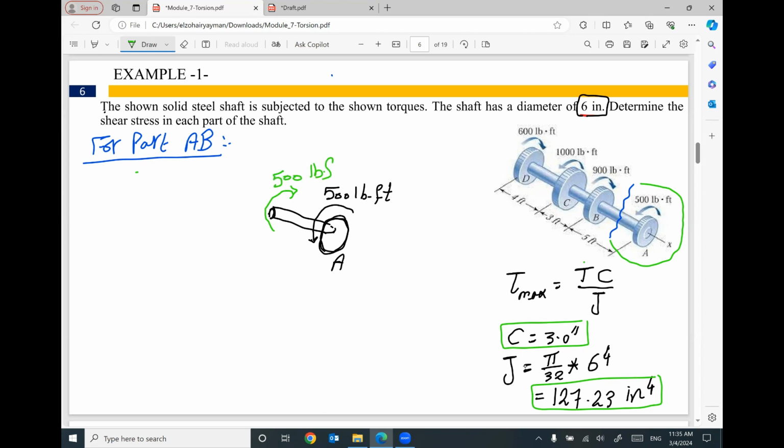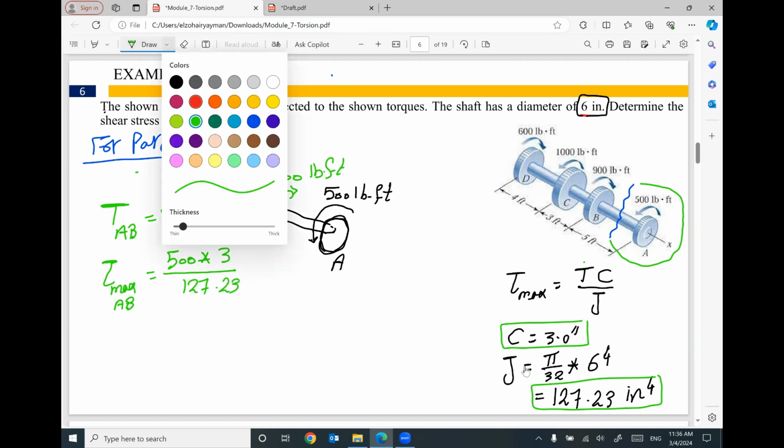500 pound-foot. That means the applied torque in part AB will equal 500 pound-foot. Actually, I don't care what is the direction, clockwise or counterclockwise. It's not a big deal for shear stress. So the maximum shear stress in part AB will equal capital T, 500, times radius 3 inch divided by J, which is 127.23.